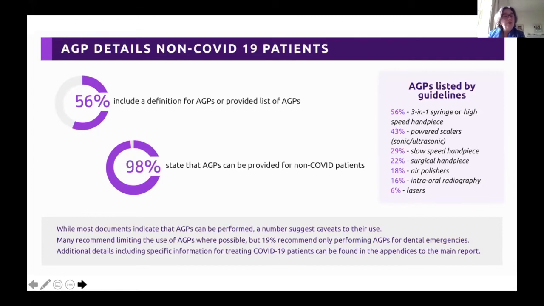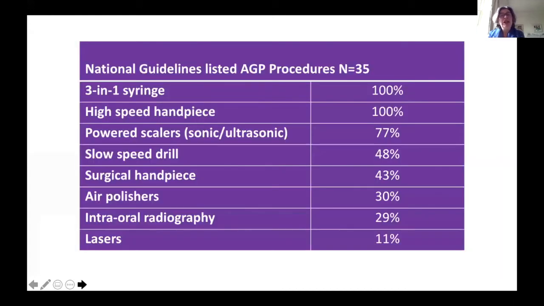Now, for the 56%, which equates to 35 of these guidelines, in terms of an agreement on what was an AGP or not, you can see here that all said that a 3-in-1 syringe and high-speed handpiece was an aerosol generating procedure. However, as you can see from the figures below, there was variation in what other procedures were considered to be an aerosol generating procedure of risk in dentistry.